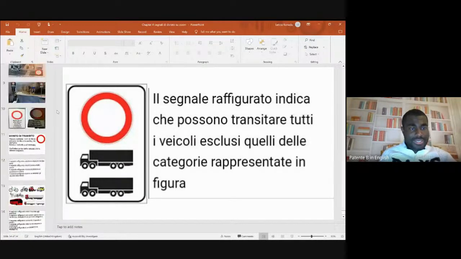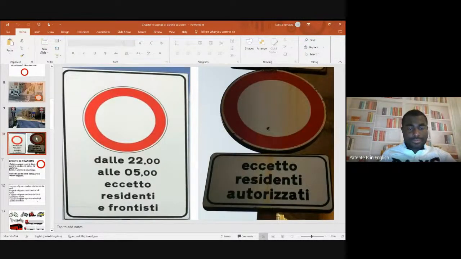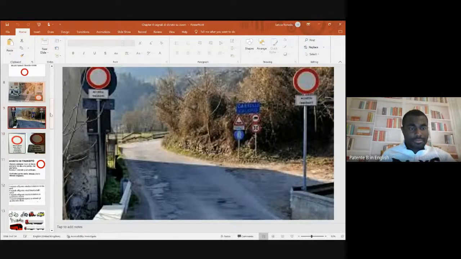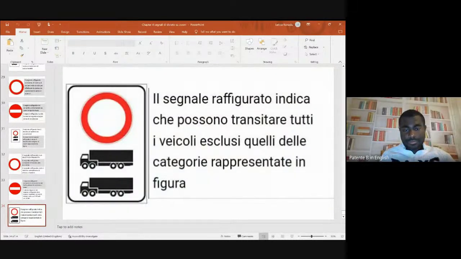Do well to answer, please. Yeah, so the significance of this signal, it says that only two categories of vehicles, the ones we see on the signal, cannot pass.